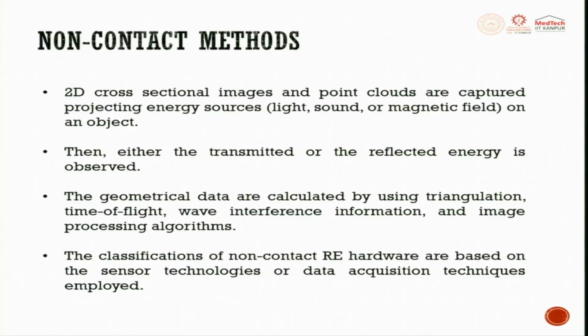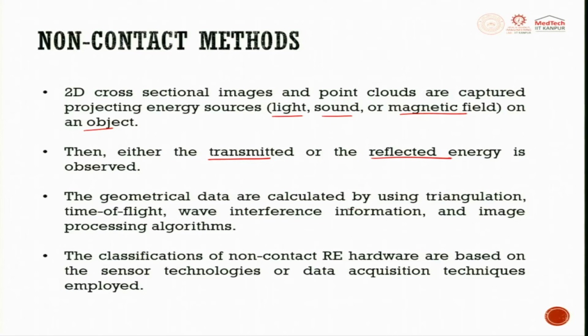Now, non-contact methods include two-dimensional cross-section images, and point clouds are captured by projecting energy sources. Energy sources could be light, sound, magnetic field or an object. Then either the transmitted or the reflected energy is observed. It is either transmitted through the object or it is reflected back.